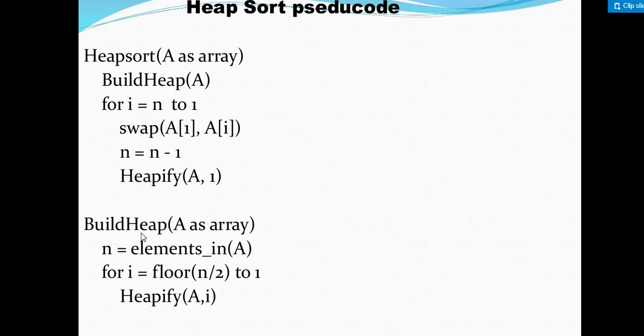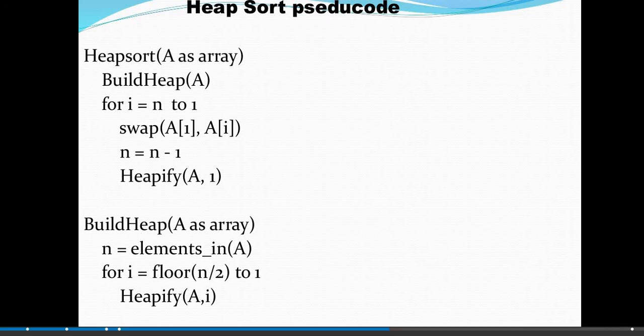Same thing: every time the top element will be removed and shifted to the last position, second last position, third last position, up to n minus 1. This process continues until we make the final tree.